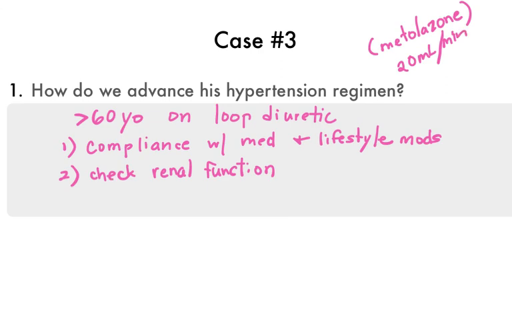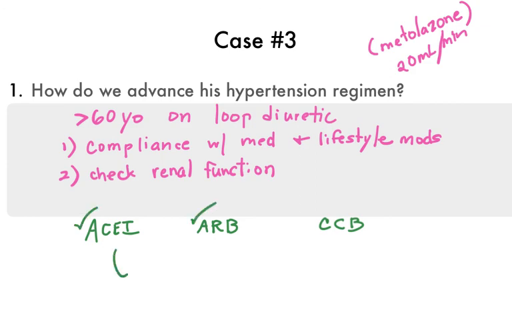When diet and exercise fails, along with a failure of diuretics alone to lower blood pressure, then we need to add a second medication. So in this patient, we could choose an ACE inhibitor, an ARB, or a calcium channel blocker. ACEs and ARBs are well tolerated, they're first-line agents.